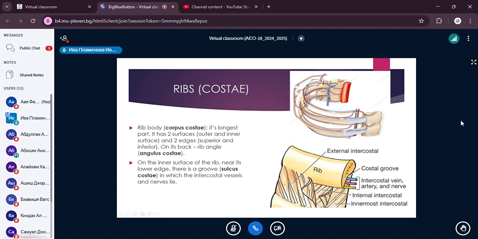You can remember the abbreviation VAN, V-A-N. First, the most upper is the vein. After that is the artery, and below them is the nerve. Intercostal vein, intercostal artery, intercostal nerve. And they lie in this groove.